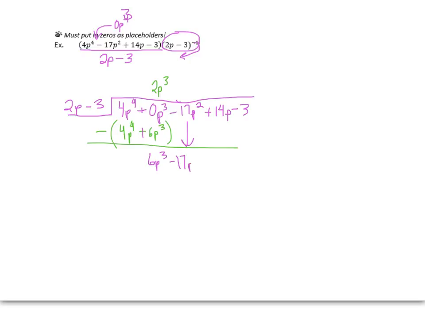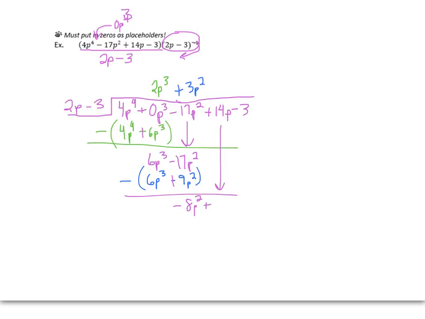Then I drop down the negative 17p squared. Then I say, what do I multiply 2p by to get 6p cubed, which will be 3p squared. So I multiply both of those and then subtract. So that's really going to be like a plus 9p squared, giving me negative 8p squared.